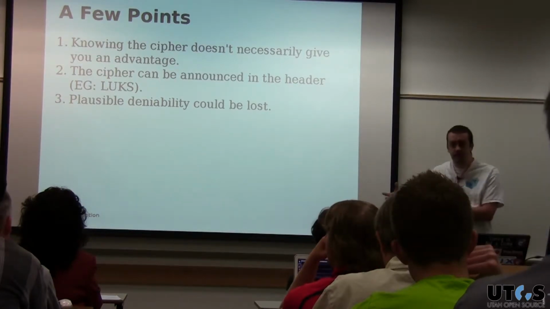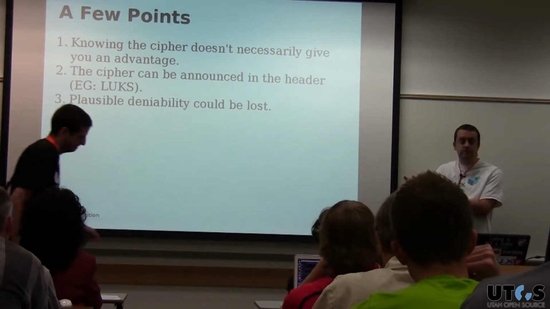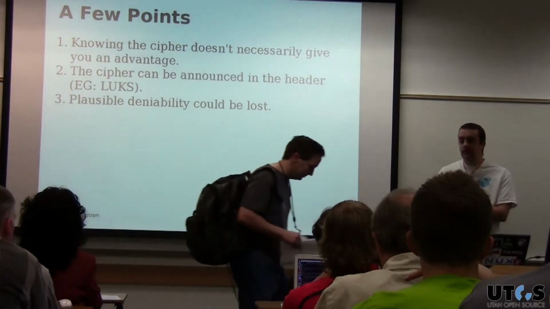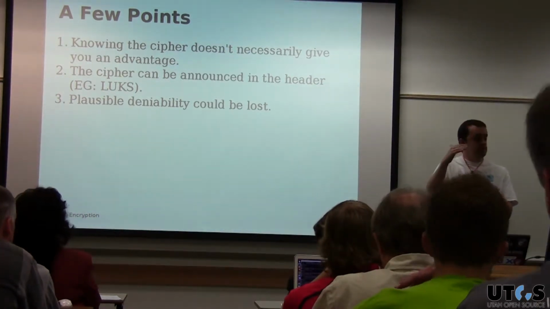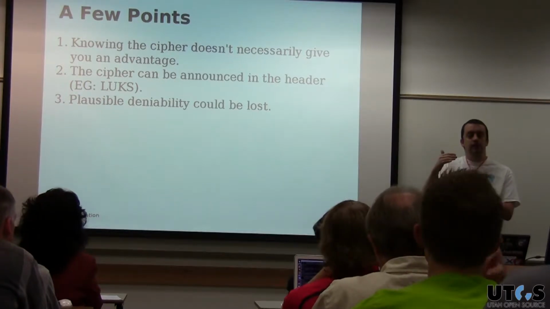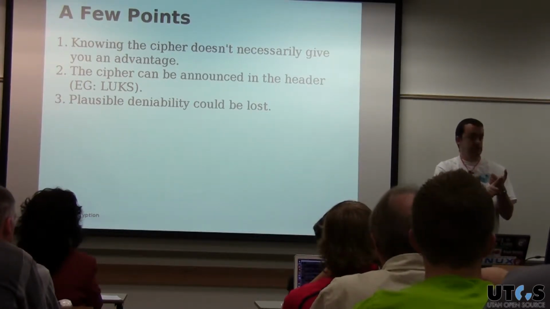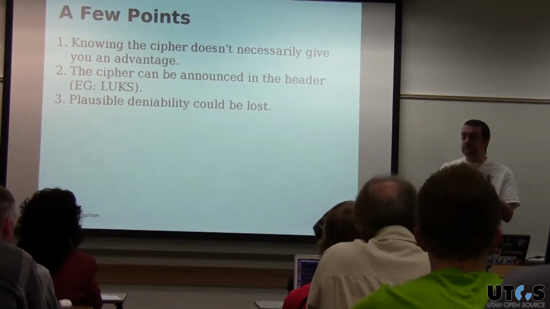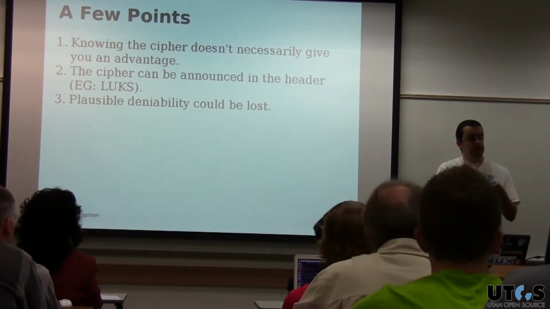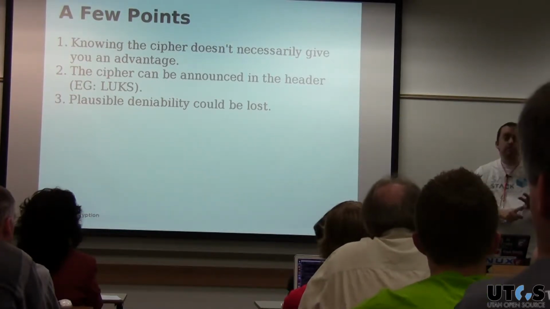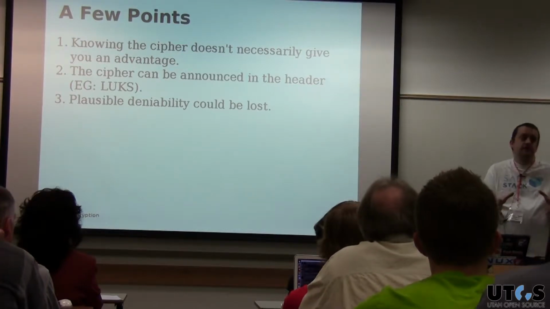So for example, for LUKS, if I have a USB thumb drive that is encrypted with the LUKS container, it will have about a 512 kilobyte header that will have the password that I used to encrypt and decrypt. It'll be hashed. The algorithms that are used to encrypt and decrypt the data on the disk will be there, and other metadata about the encryption will be in this header.